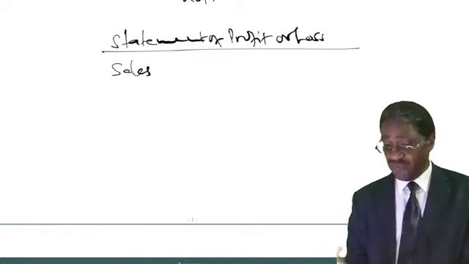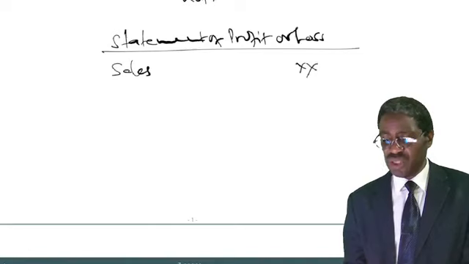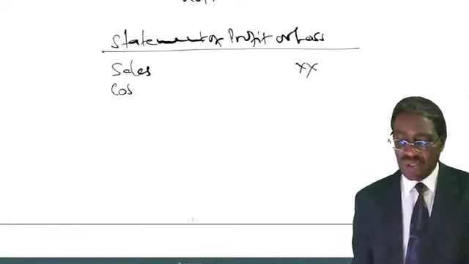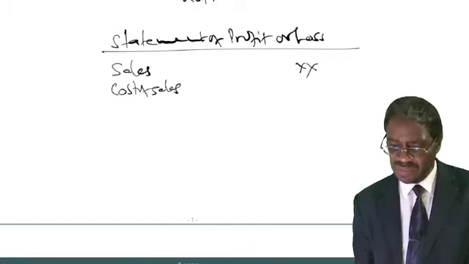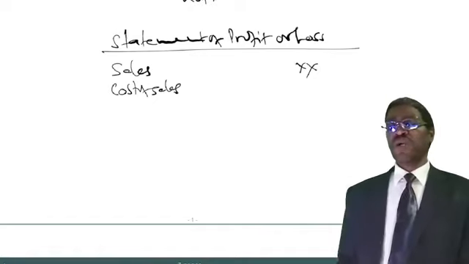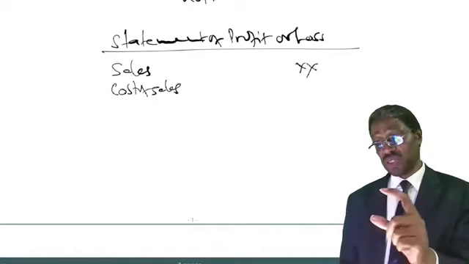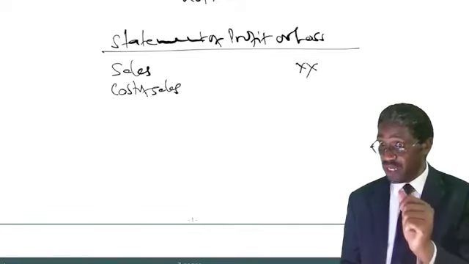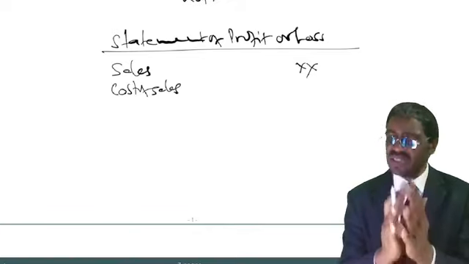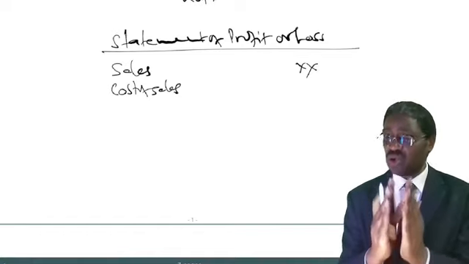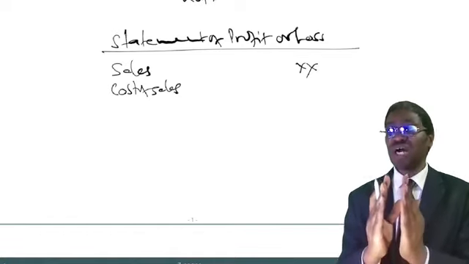Whatever figure the examiner gives you for sales, you had to pick it. Then you came to cost of sales. When doing this in financial accounting, you determined the figure for cost of sales by taking opening stock, add purchases, and less closing stock.